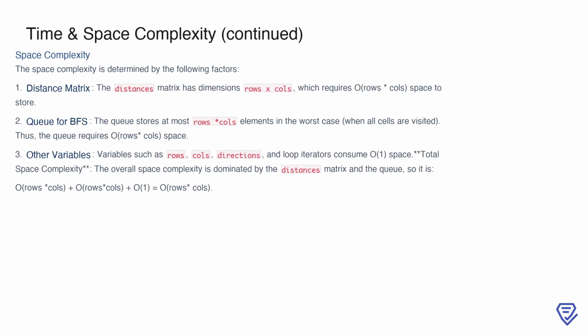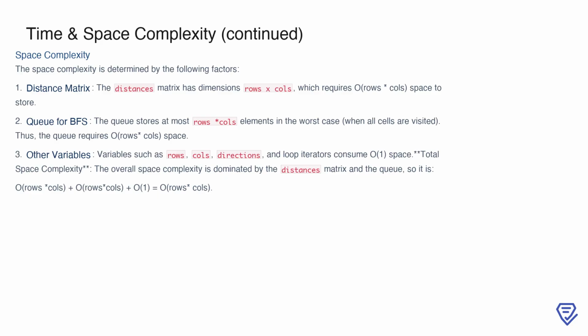Now, let's evaluate the space complexity. The primary contributors are the distances matrix, the BFS queue, and a few auxiliary variables. The distances matrix, with dimensions rows x cols, takes rows * cols space to store. The queue, which is used to manage cells during BFS, can hold up to rows * cols elements in the worst case, requiring rows * cols space as well.